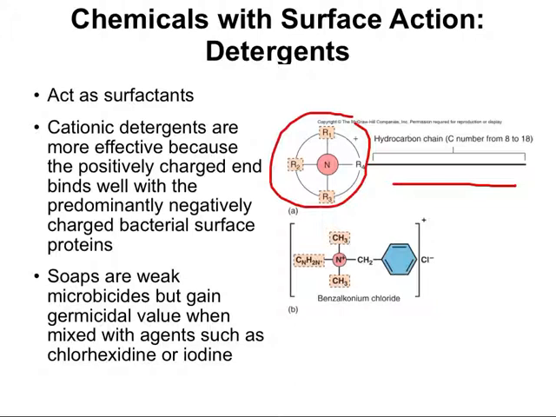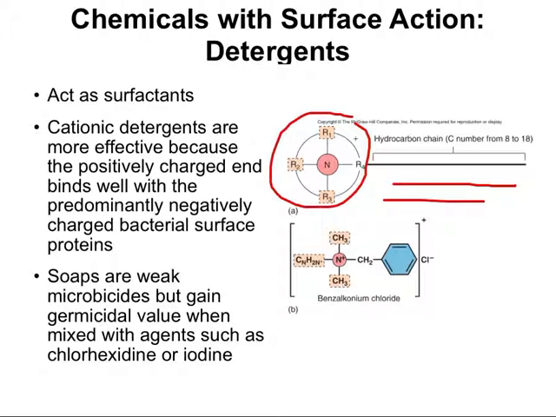The positively charged end interacts with the predominantly negatively charged bacterial surface proteins, and then the hydrophobic or non-polar hydrocarbon chain tail is able to interact with the membrane phospholipids itself and disrupt membrane structure.